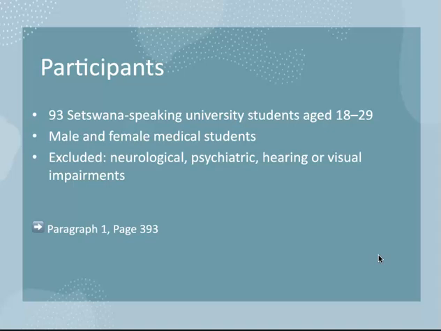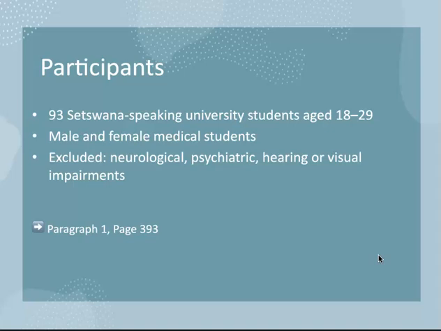Okay, so who were the participants? See paragraph 1 on page 393. It says 93 Setswana speaking university students were included in the study. So Setswana speaking medical students from the University of Limpopo Medunsa campus participated.